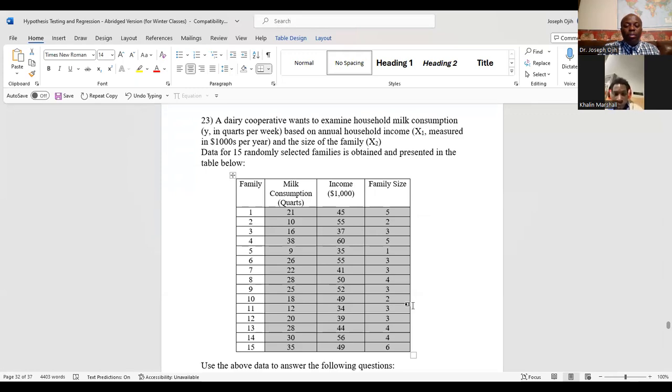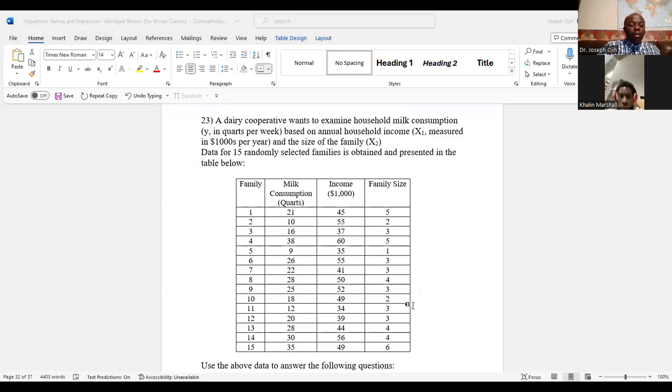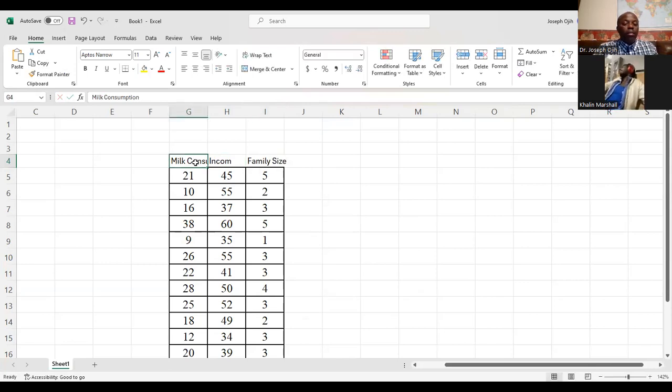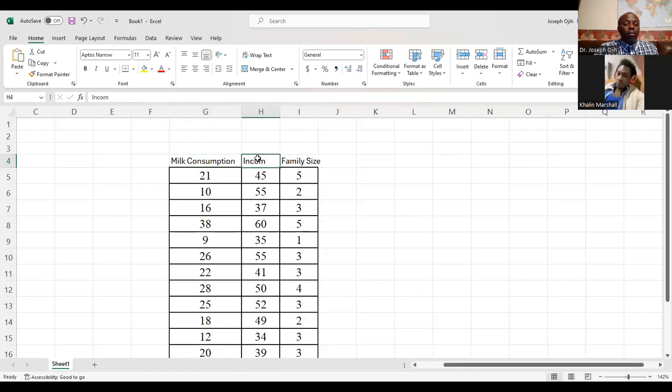So I'll add the labels: milk consumption, income, and then family size. So I have them.